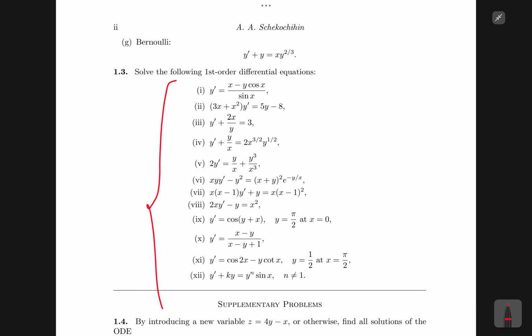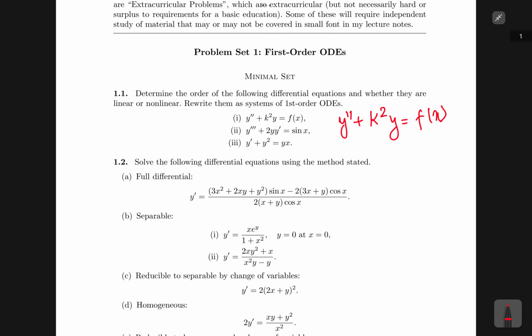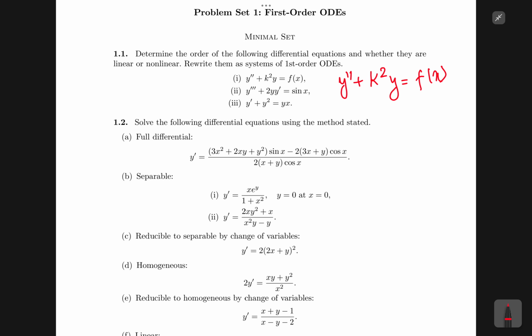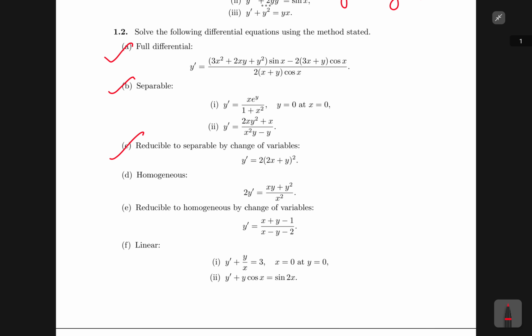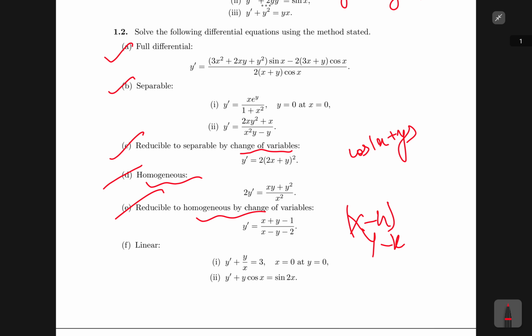Obviously, it isn't in the syllabus, I guess, but for your concept basis, I think you can follow these, like all these: full differential, separable, reducible to separable by change of variables, which I just did in cos(x plus y), right? And homogeneous, reducible to homogeneous, where we did this.